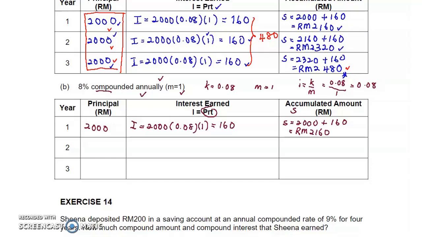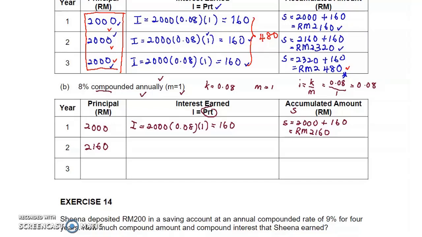Now year 2, how do we calculate interest in year 2? Remember, in compound interest, the principal changes from year to year. In the second year, the principal will be 2160 ringgit. We call this the adjusted principal, where original principal plus the interest.